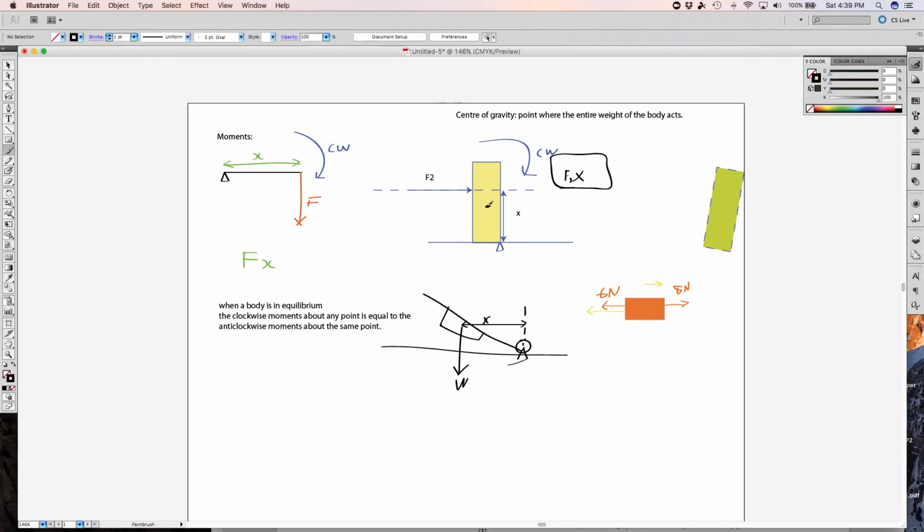And at this center of gravity, there's a weight acting down. And this weight will provide moments that are anti-clockwise. And when this force tries to turn the system clockwise, the weight tries to prevent or oppose that rotation. So this is anti-clockwise moment, this is clockwise moment. And when a system is in equilibrium, the clockwise moment about any point must be exactly equal to the anti-clockwise moment about the same point.